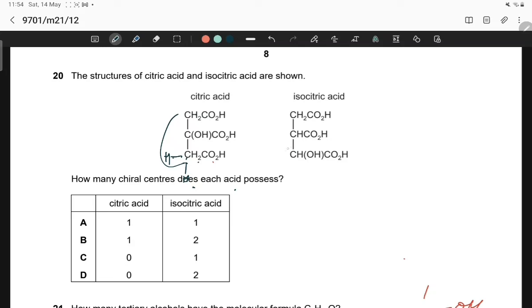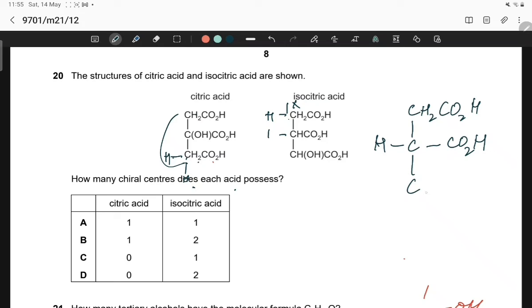Let's see. Carbon, hydrogen and hydrogen, so this is not chiral. Look at this, CH2CO2H, then CH, CO2H, and over here CH(OH) and CO2H.